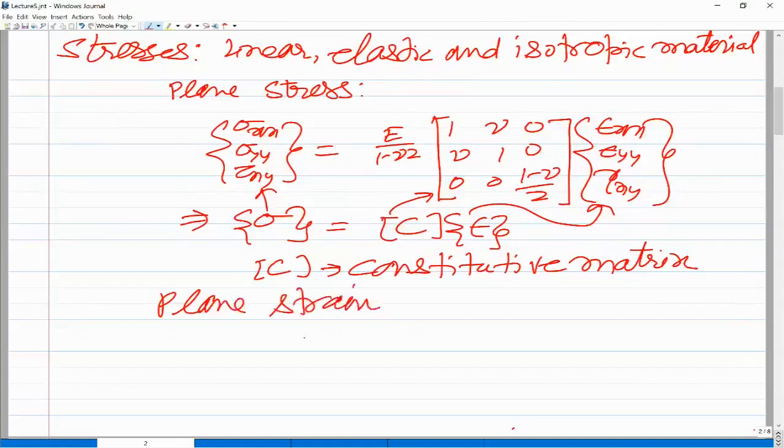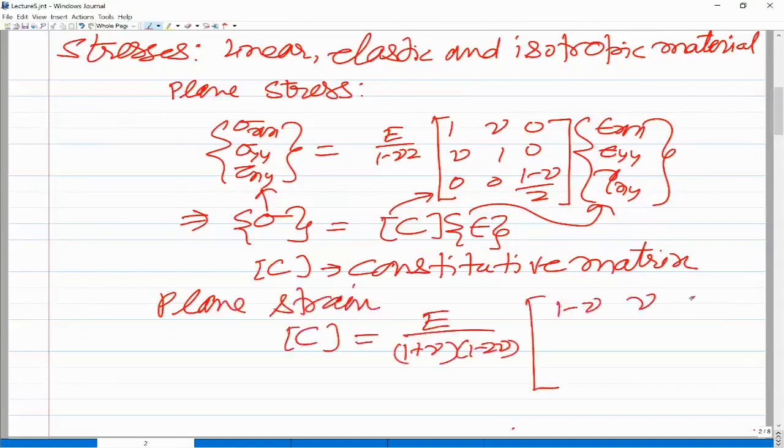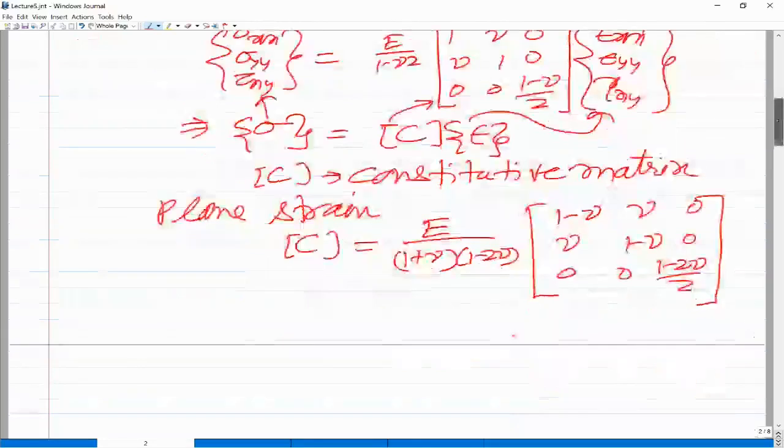The only difference is that the constitutive matrix C for this case would be E upon 1 plus nu into 1 minus 2 nu, and then the matrix 1 minus nu, nu, 0; nu, 1 minus nu, 0; 0, 0, (1 minus 2 nu) by 2. So this is the constitutive matrix for the plane strain case.